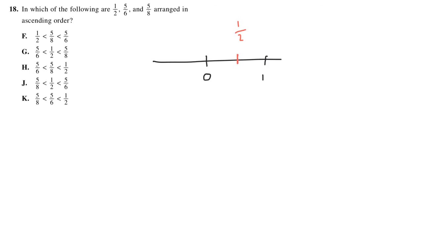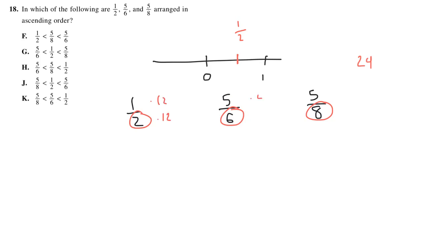So the best way to do this is to compare the fractions by converting them to the same denominator. So let's see, what is a common multiple of 2, 6, and 8? Well, 24 is. So to get to 24 from here, you'd have to multiply the top and the bottom by 12.